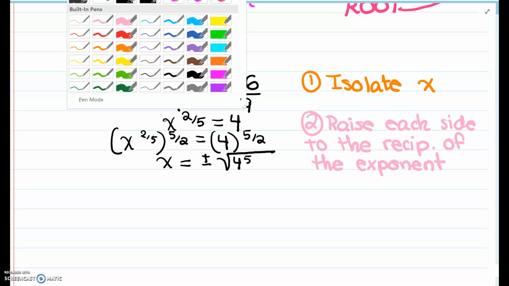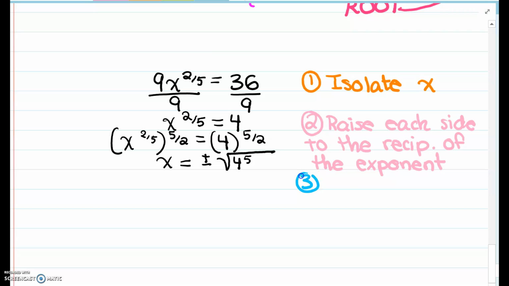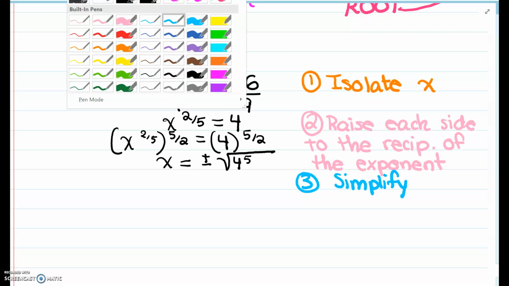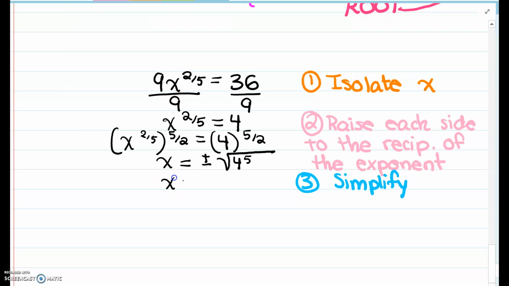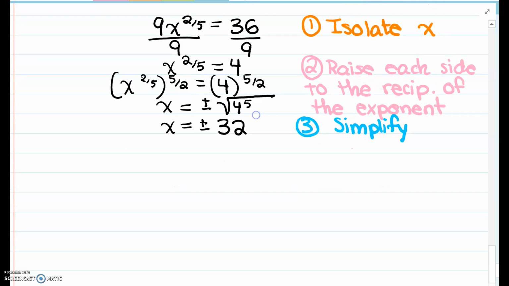And now we simplify and we get x equals plus or minus 32. And our last step, of course, is to check solutions.